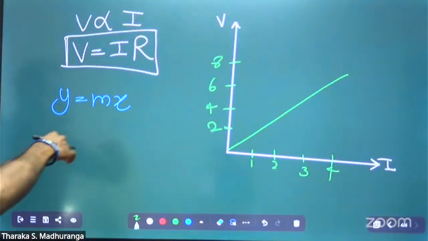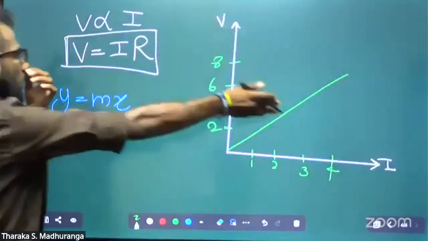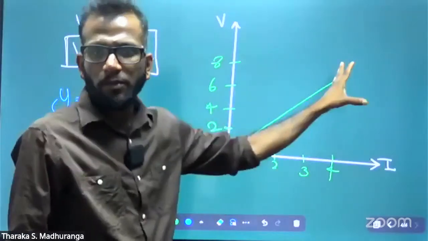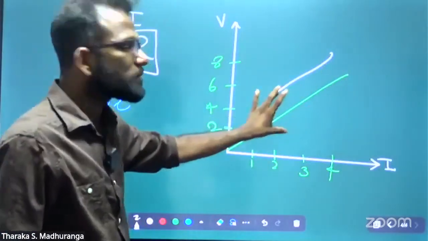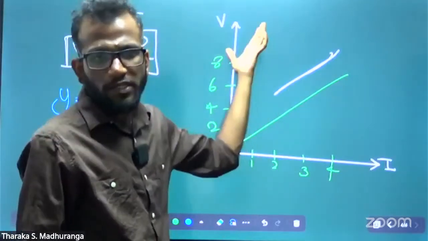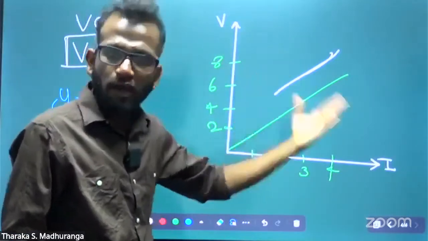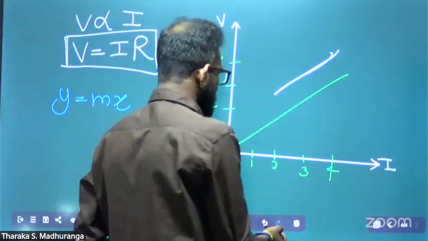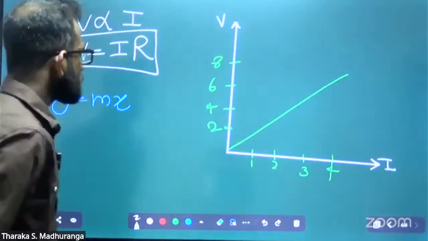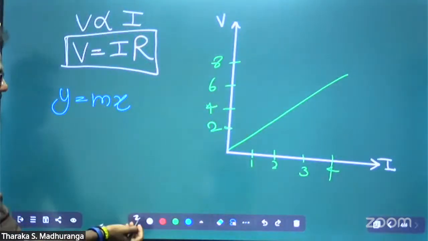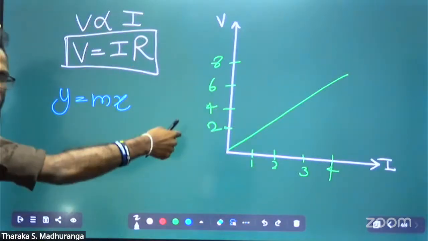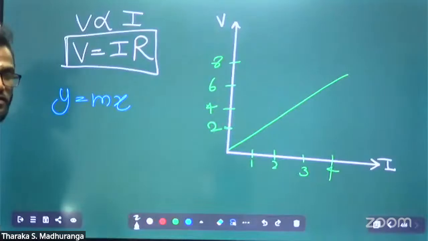Now according to this graph, if I draw in any direction, the same graph comes. It is directly proportional. If I increases, voltage increases. Both are the same. Now think of this graph where the y-axis is V.